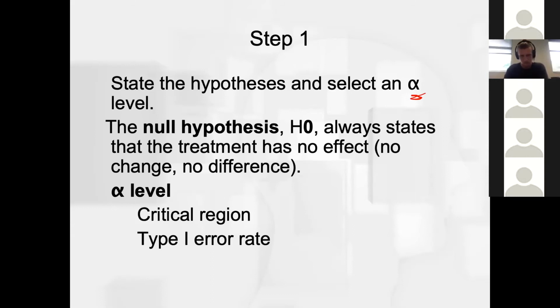The alpha level is going to be the critical region. And we'll go over this more in depth in a minute. It's also going to set the type 1 error rate, and type 1 error rate, as you'll see in just a couple minutes, is the false positive rate. So what is the value at which I'm willing to say, okay, every so often we're going to get a false positive?